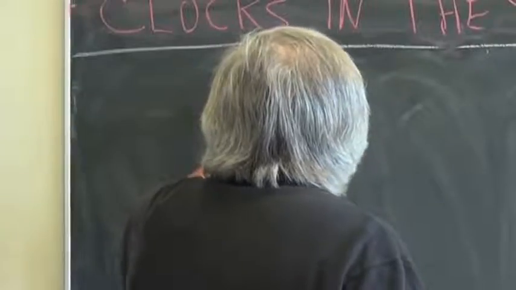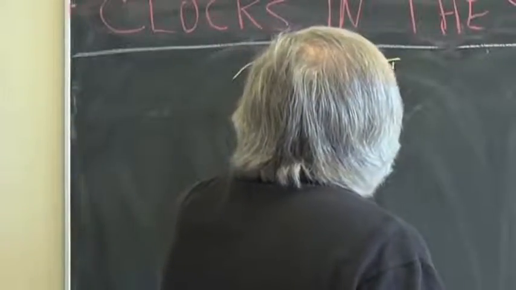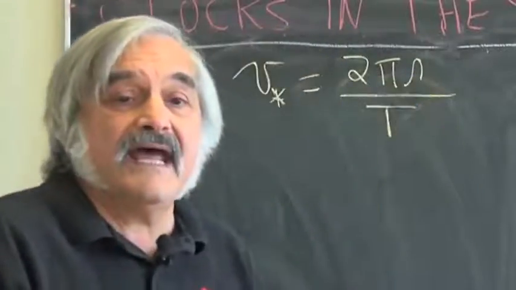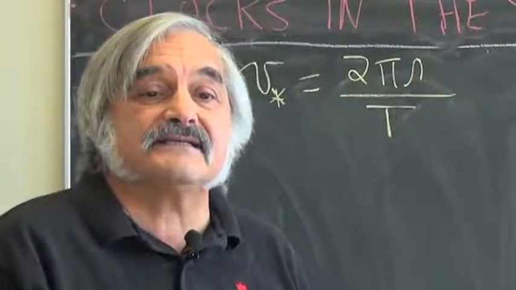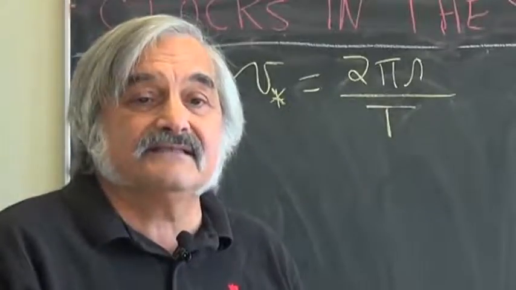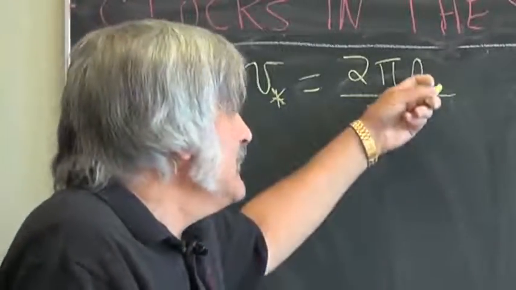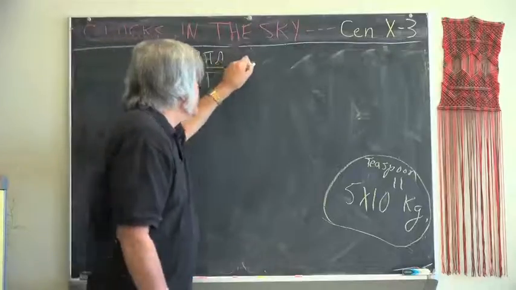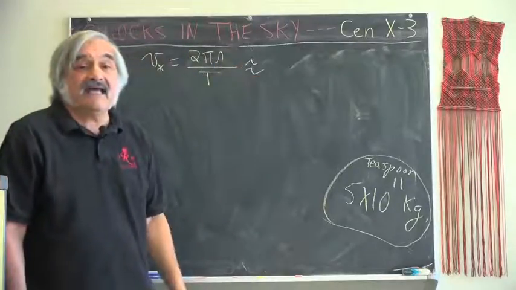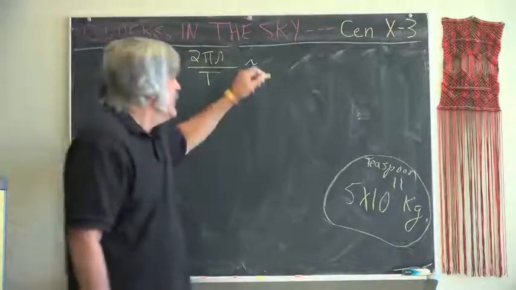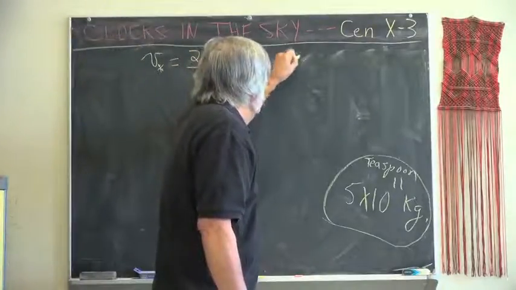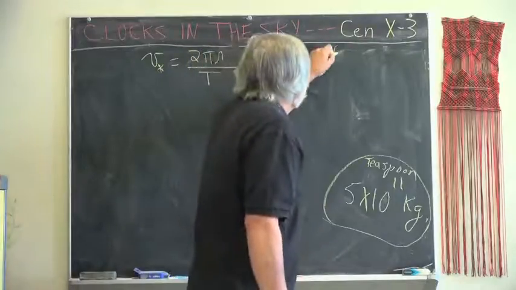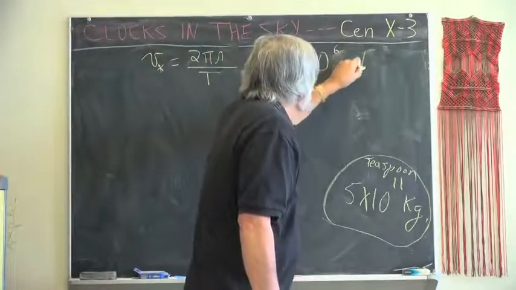V equals 2 pi r over t, where now t is 4.8 seconds and r is 10 kilometers. 2 pi is about 6, and that turns out to be 1.3 times 10 to the 6 centimeters per second.